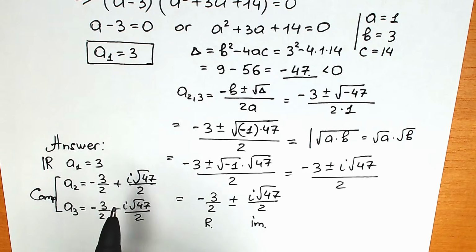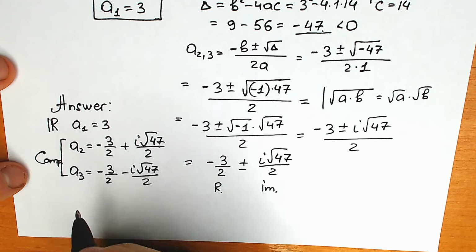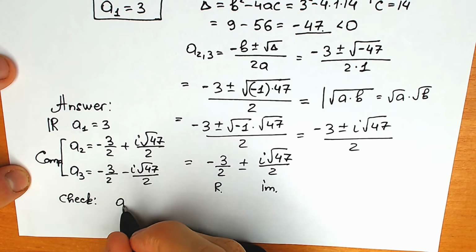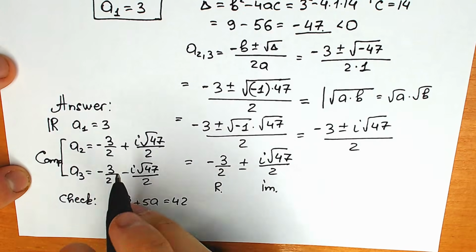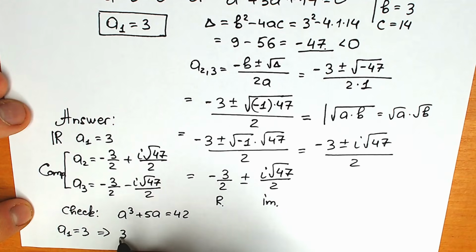And in the end, I'm going to check real quick our a first equal to 3. So let's prove it, let's check it. Our equation looks like this: a cubed plus 5a equal to 42. Let's check real quick our a first equal to 3. As a result, what do we have? We have 3 cubed plus 5 times 3 equal to 42.